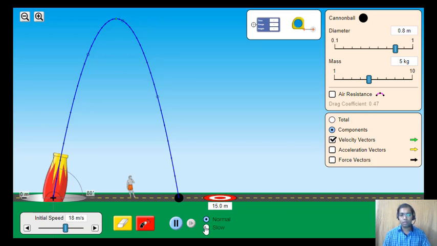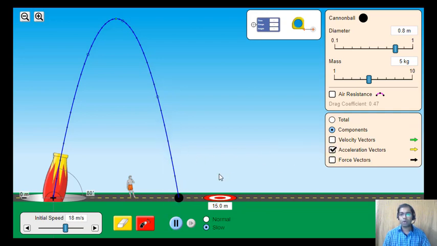So first we will watch it in normal motion, and then we will look at it in slow motion. So we will launch it and look at how the velocity vector changes. So let's just look at it in slow motion. You can see that as it is reaching this particular height, the velocity becomes 0, vy becomes 0. As it comes down, again vy increases.